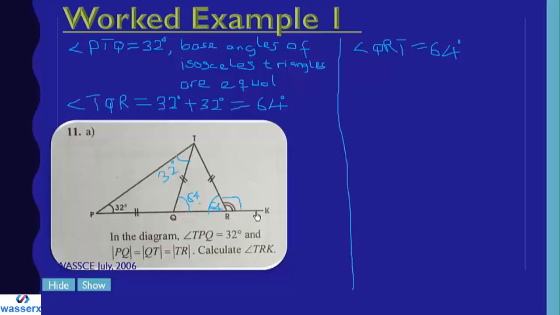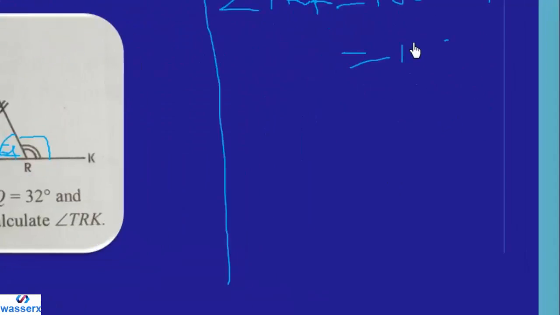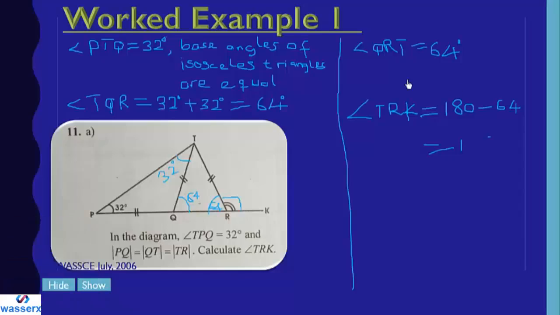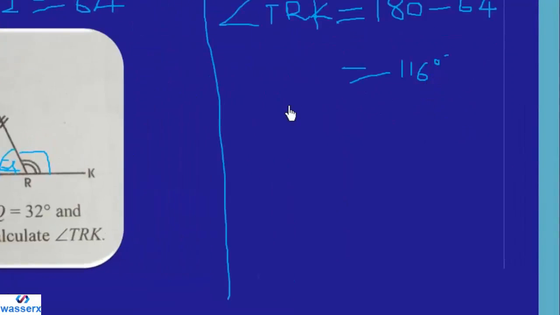Now we use the angles on a straight line property to find angle TRK to be equal to 180 minus 64 degrees, and this will give us 116 degrees.